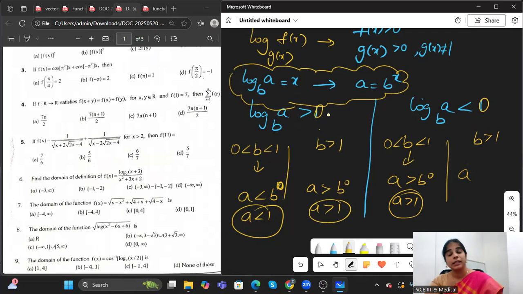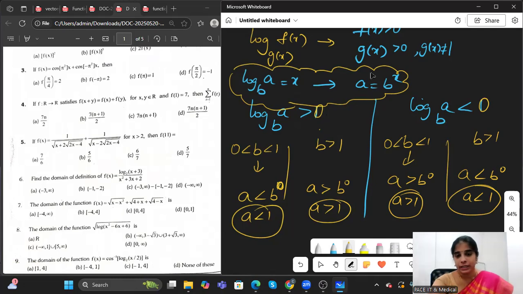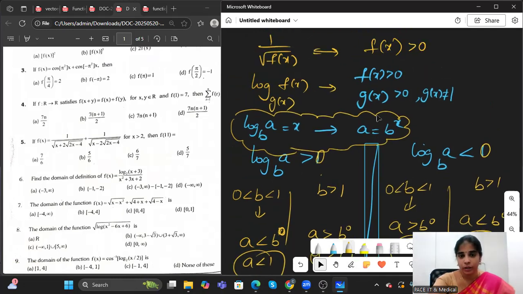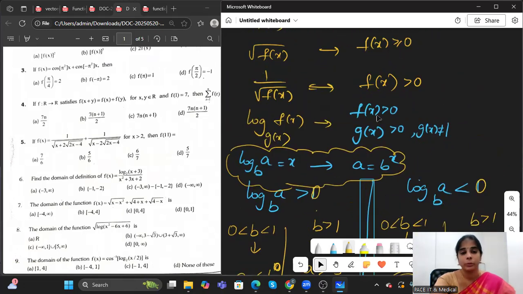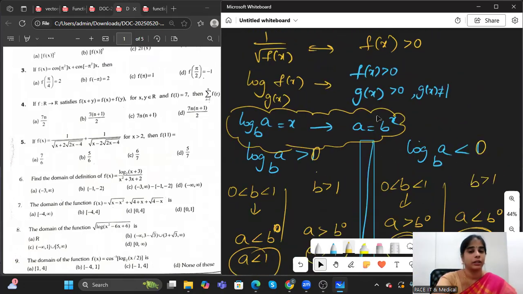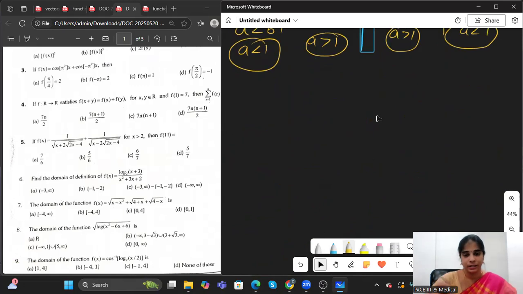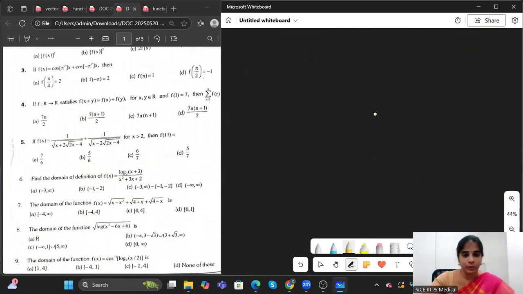It will remain the same. A will be less than b to the power 0, or a will be less than 1. Clear with all these four cases, right? Each and every function is what I am discussing, and how their domains are determined. All these domain questions will be solved using these. That will be enough.